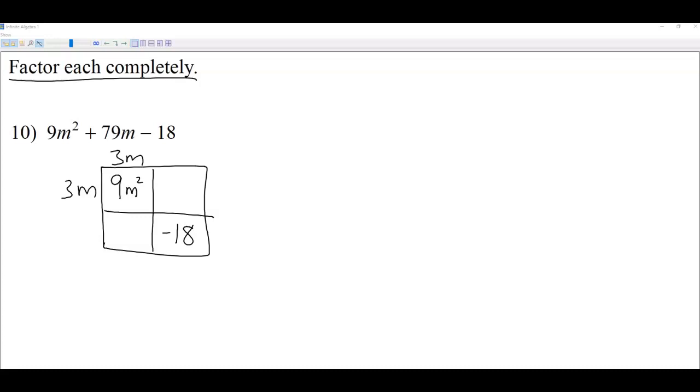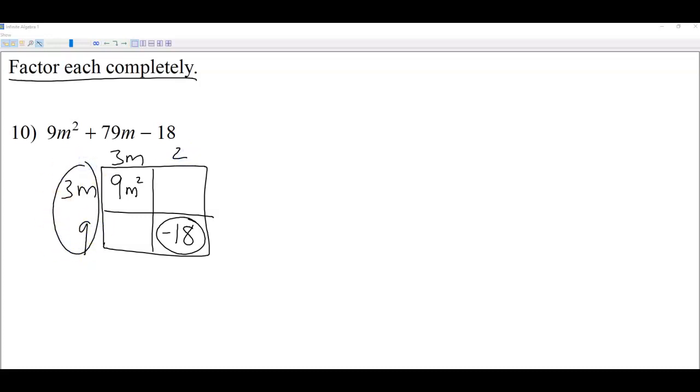The reason I think that is because no matter how you try to break up 18, whether you choose to do 18 and 1, these have a common factor, which we know is not allowed from the last example I did. Or if we do 3 and 6, now both of these have common factors, which is not allowed. So the other option would be 9 and 2, in which case we end up with a common factor here.